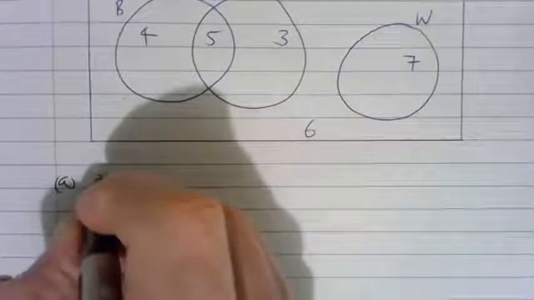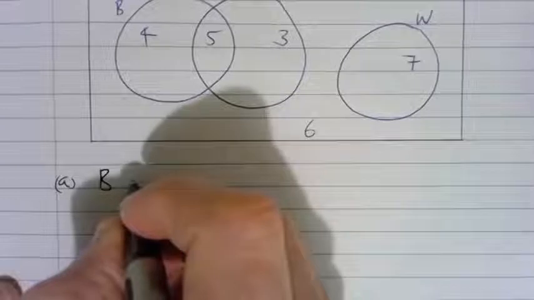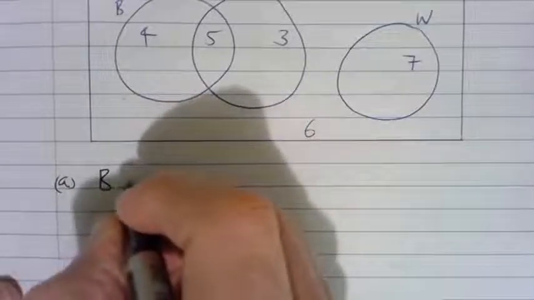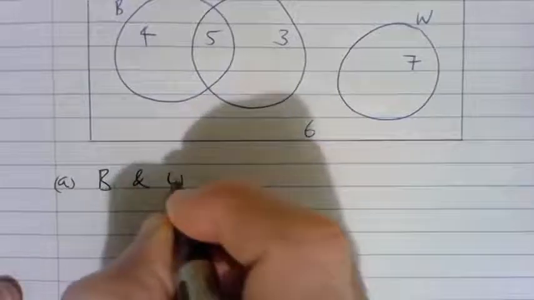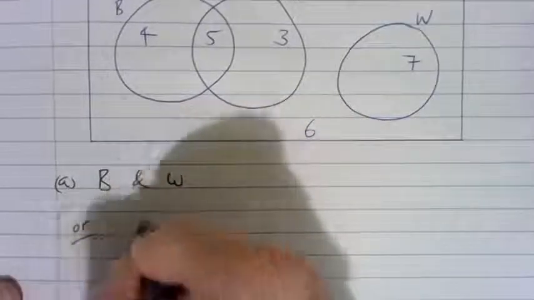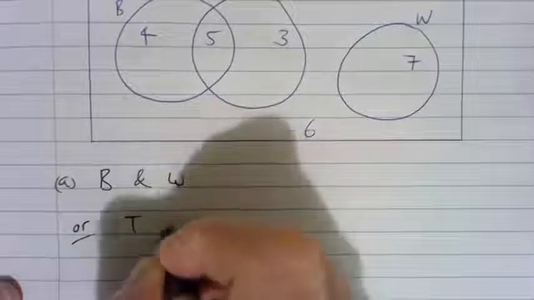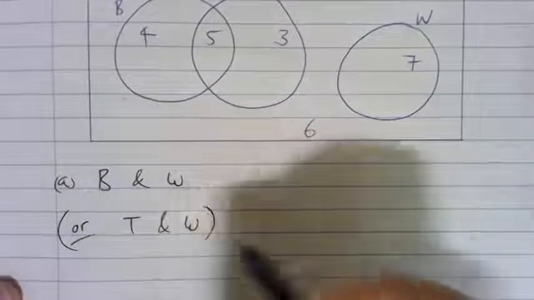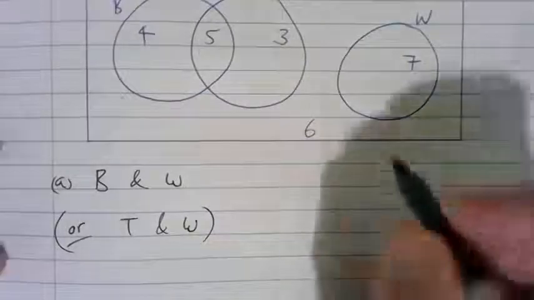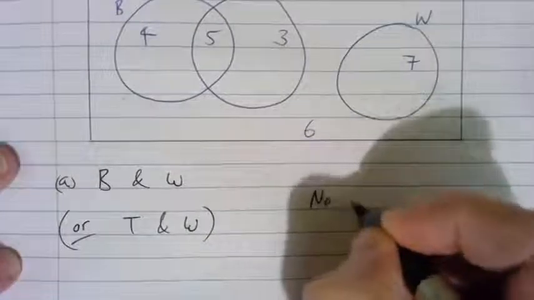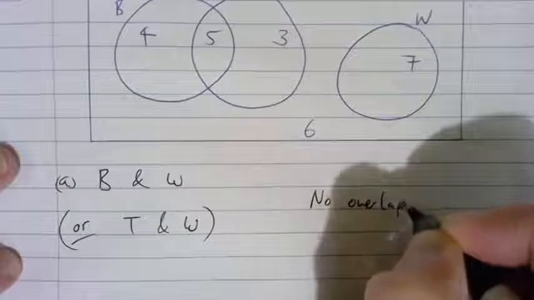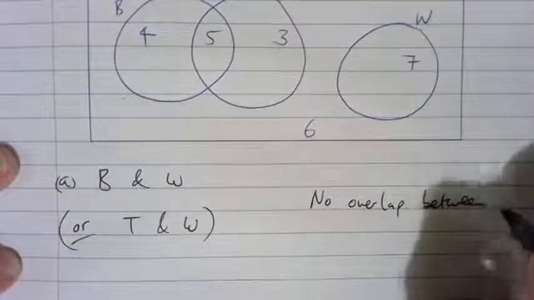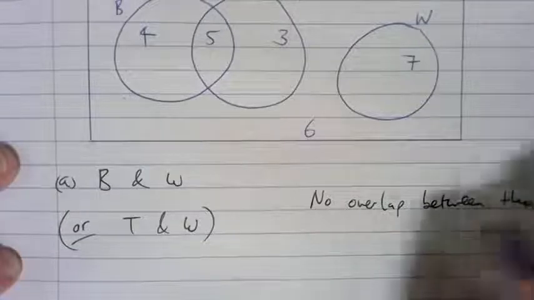So 2 possible options are biking and walking, so B and W, or train and walking. Put that in brackets. You only need one of those 2 for your answer. The justification is that there is no overlap between these events.